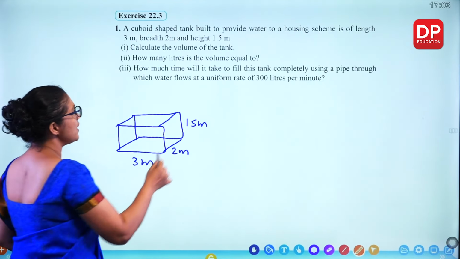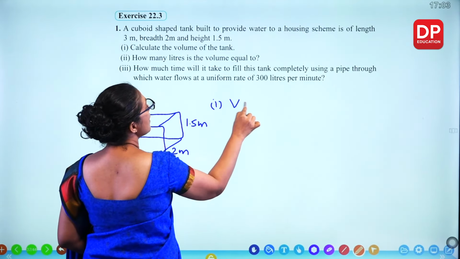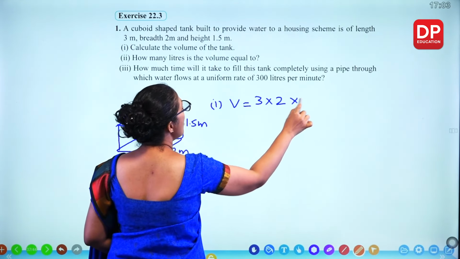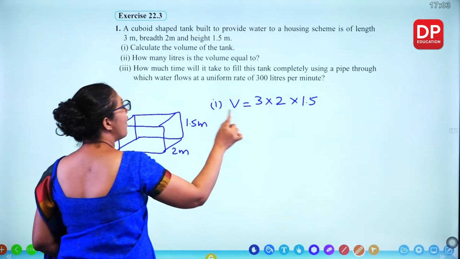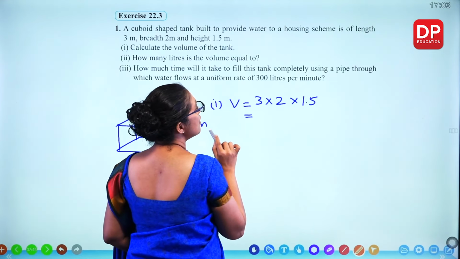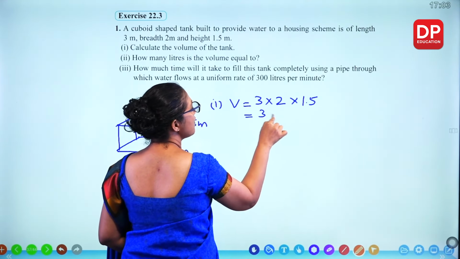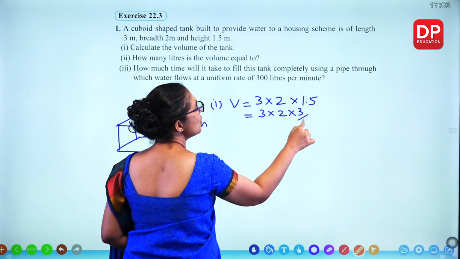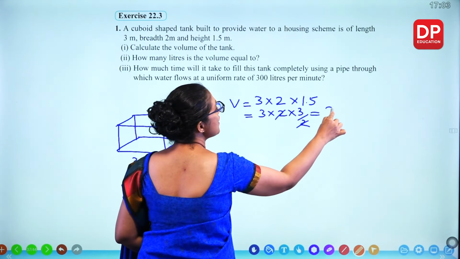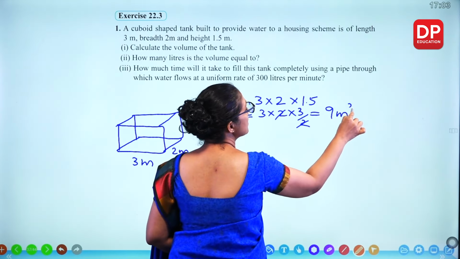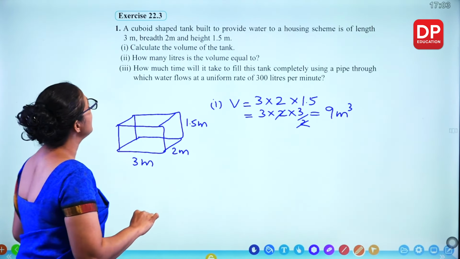We know volume is length into breadth into height. So 6 times 1.5. So 1.5 I can write as 3 over 2 and 3 times 3, 9 cubic meters for the volume.